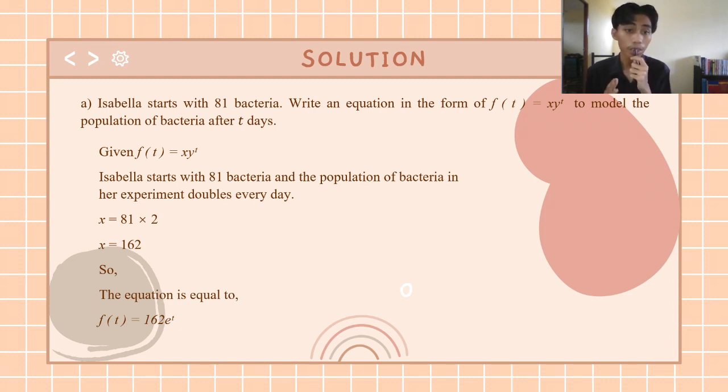Isabella starts with 81 bacteria, and the population of bacteria in her experiment doubles every day. So x is equal to 81 multiplied by 2, and we got x as 162. So the equation is f(t) equals 162 times 2 to the power of t. That's all from me. Thank you.